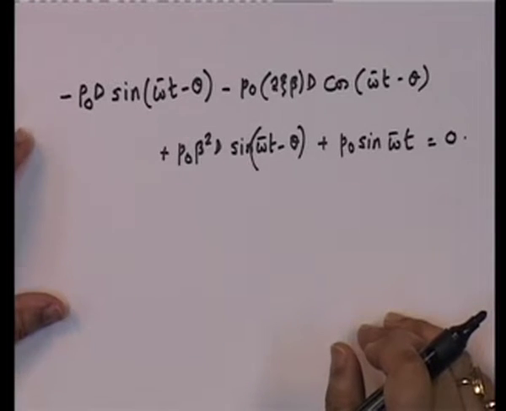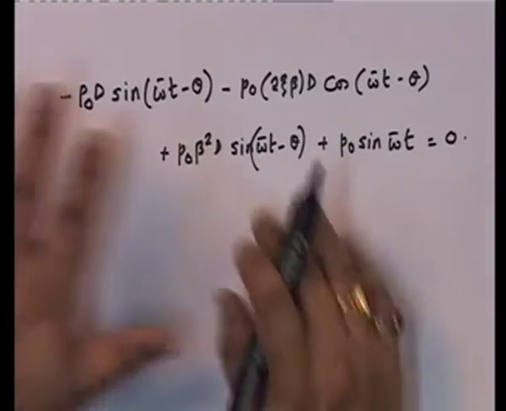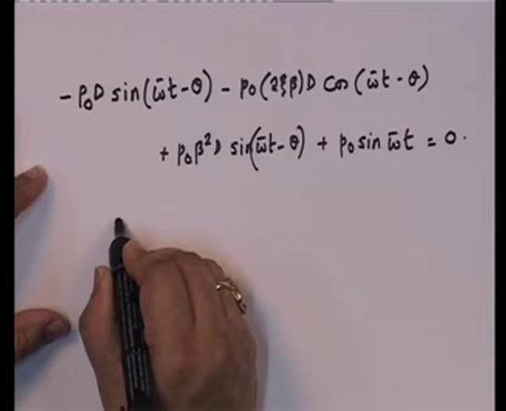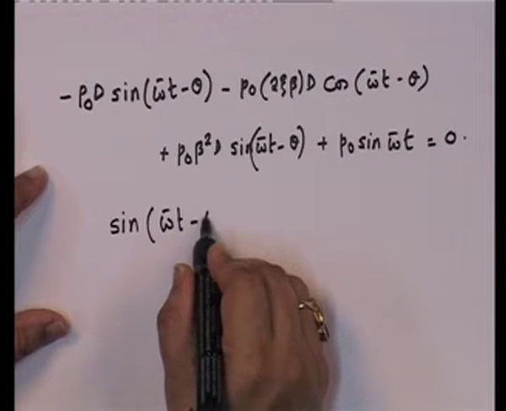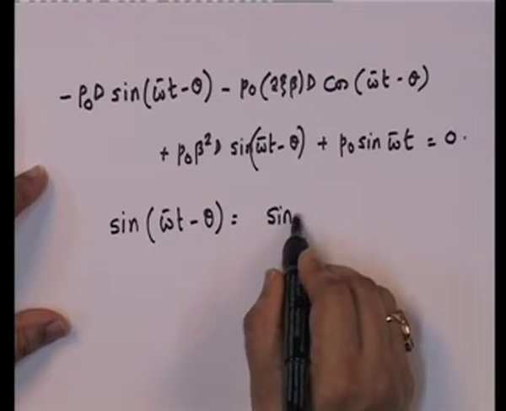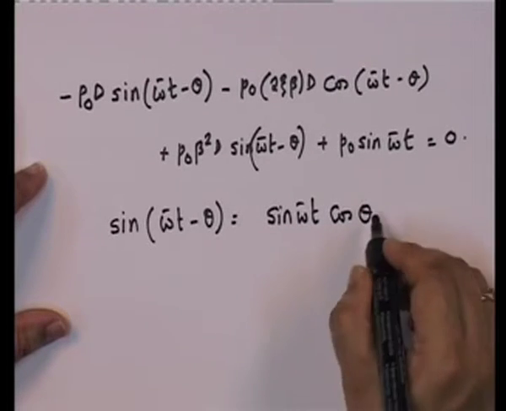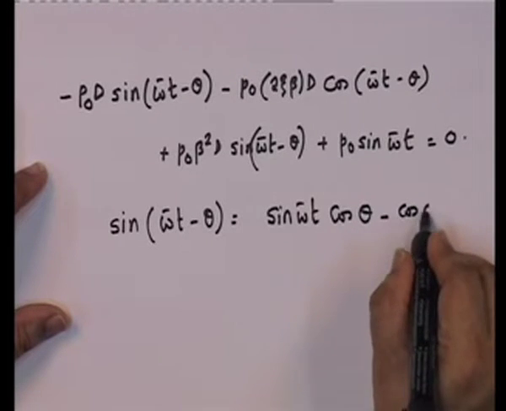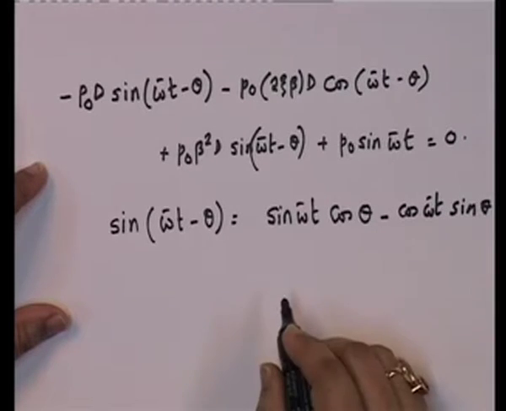Okay. So, instead of rewriting this, I will just write down what sine omega bar t minus theta is equal to: sine omega bar t cosine theta minus cosine omega bar t sine theta.